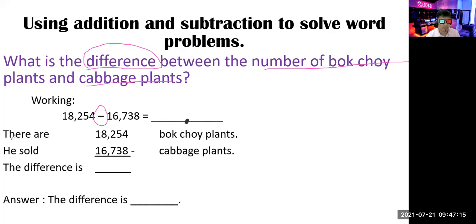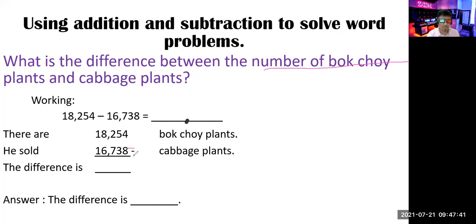So here, as you can see in your book, there are 18,254 bok choy plants, and there are 16,738 cabbage plants. So we use a minus sign here.